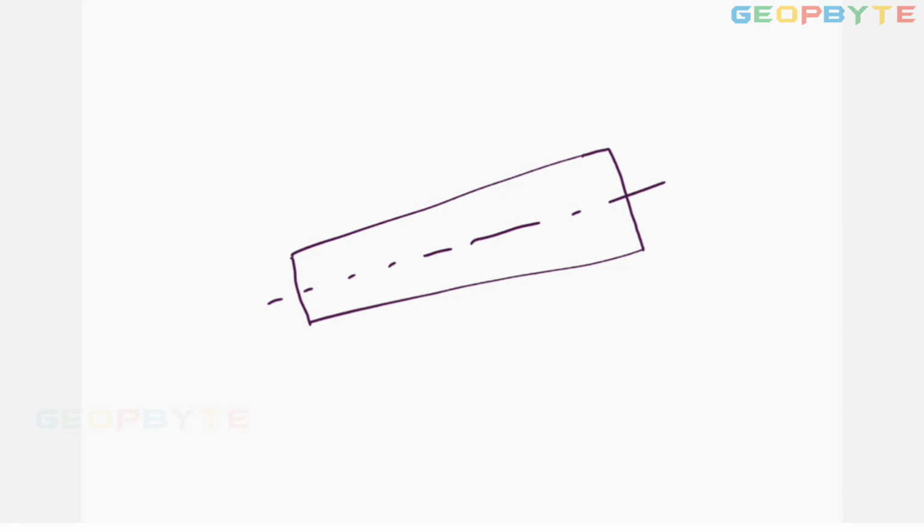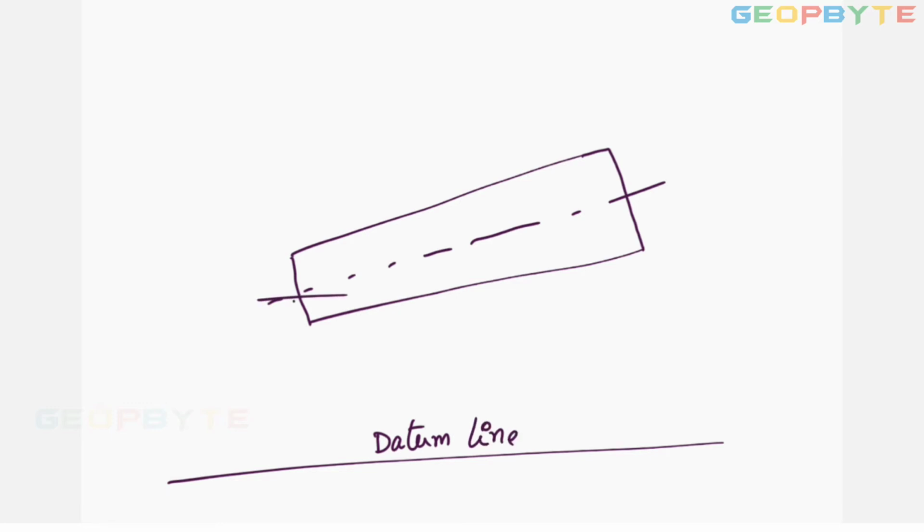This may be the datum line. Datum line means some reference line. This is the Z1. This is the Z2. Mark a point corresponding to piezometric head for the previous information.